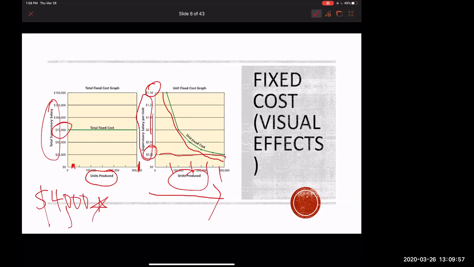Same thing with our Airbnb example. The more people I invited, it started off at $4,000 per person, and then I added another person and it became $2,000. Then I added more people until it became $400 per person, right? It still represents that same thing. It starts off here and then it declines as I add more people.